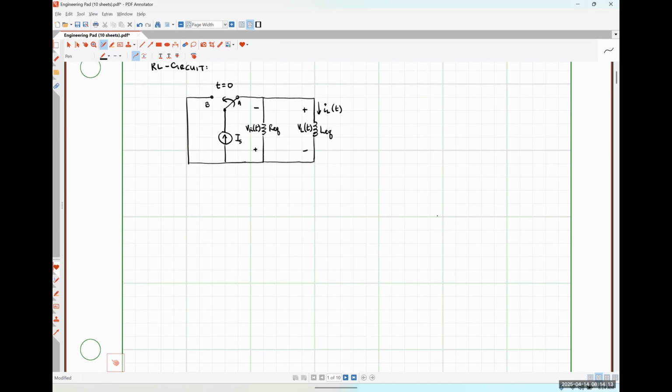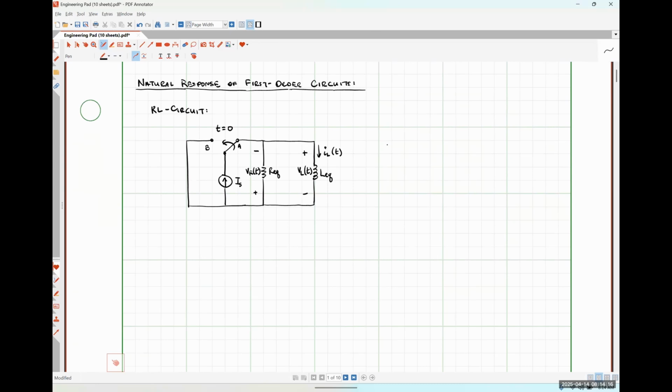Okay. All right, so we have already established effectively that IL at t equal to 0 minus, so this is approaching 0 from the left-hand side, is equal to IS. We know that IL at 0 plus must be the same as IL at 0 minus, because the current flowing through an inductor cannot change abruptly.